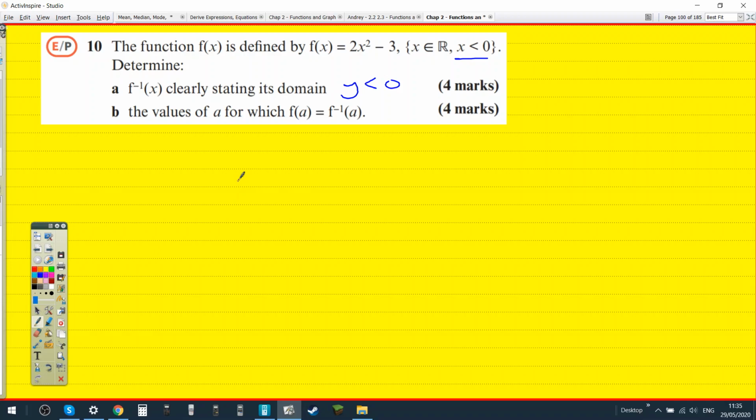Okay. So do I now need to find the inverse, I'm guessing? I'm guessing as well. The inverse for this one. So is it the square root of (x plus 3) over 2 equals f to the minus 1 of x? Oh yeah, I think so. Okay, so we want the domain.